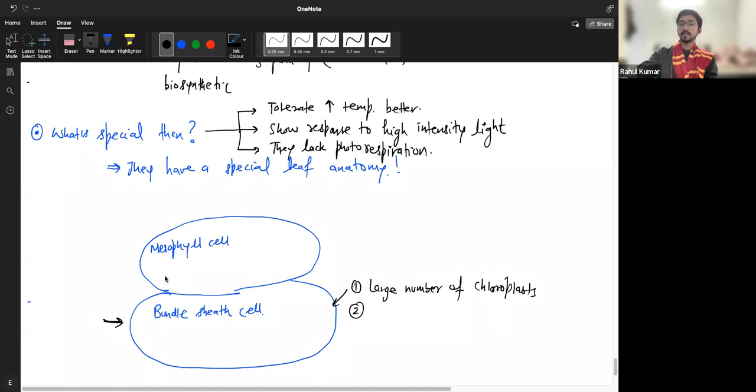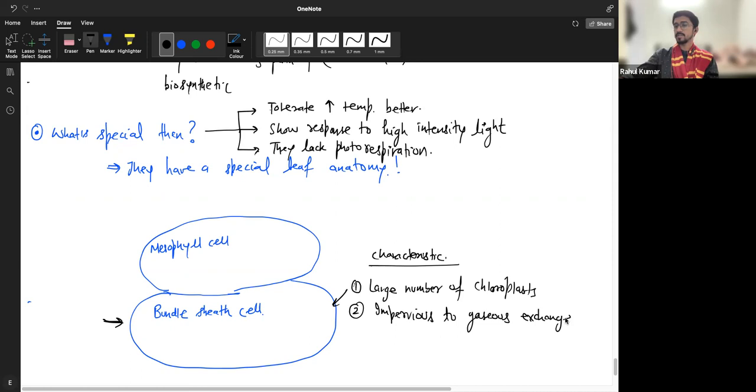So the first characteristic is that they have a large number of chloroplasts, and the second characteristic is that they are impervious to any exchange, even gaseous exchange.